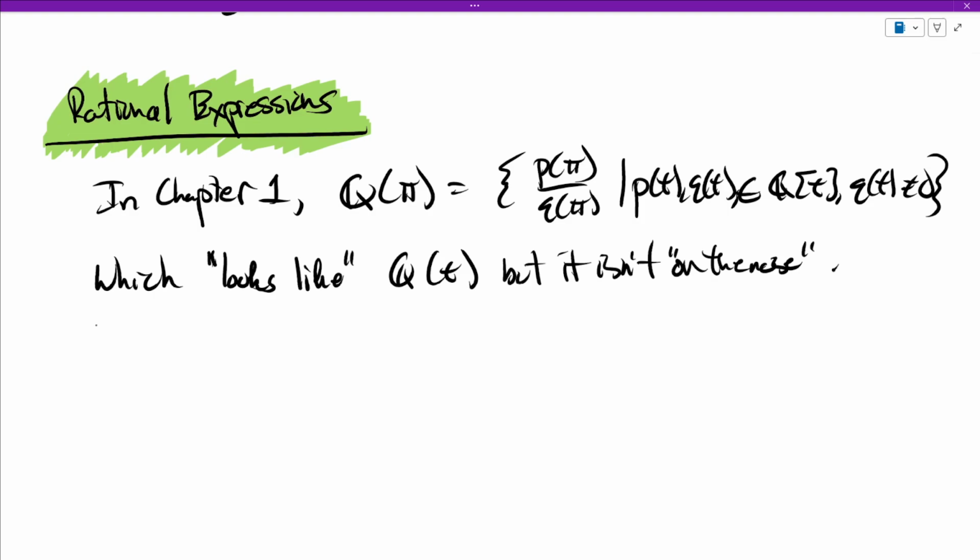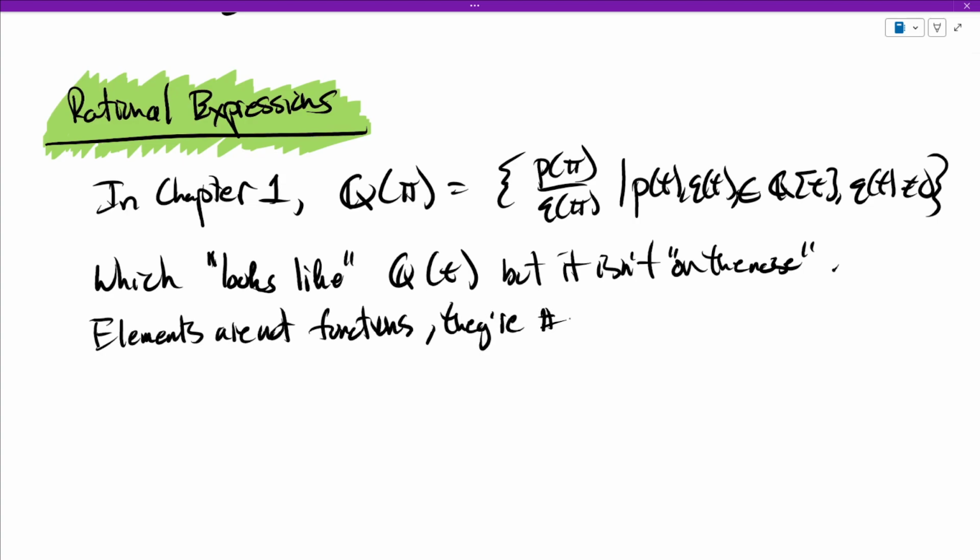In particular, the elements are not functions. They're numbers. In fact, they're even real numbers, because π is a real number. So somehow they're different, and we use a different word to describe this set instead.